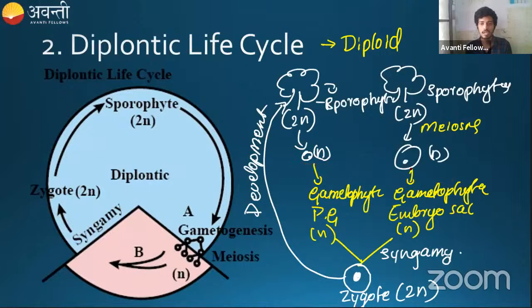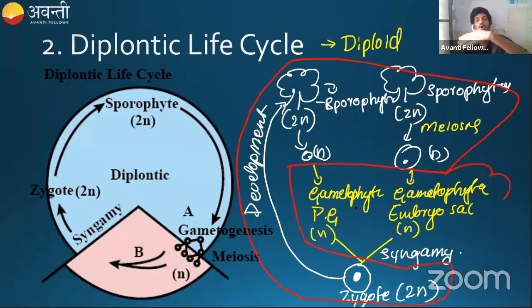As you can observe, the gametophytic phase is restricted to a very small duration of the life cycle. But the sporophytic phase belongs to a larger duration. What you can see outside in gymnosperms and angiosperms, both of them are actually sporophytes.